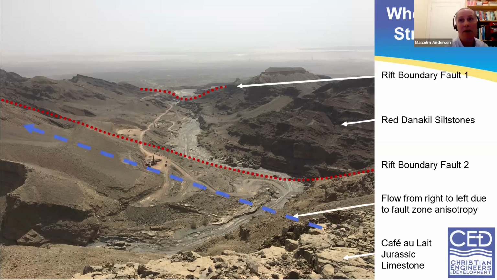And because of the anisotropy of the flow, the flow in the Jurassic limestone goes from right to left as it heads towards the rift. So it turns out that this alluvial fan here is quite a poor water supply solution, and the one next door is very good. It's entirely due to this fault and the orientation and the information I've just given you.